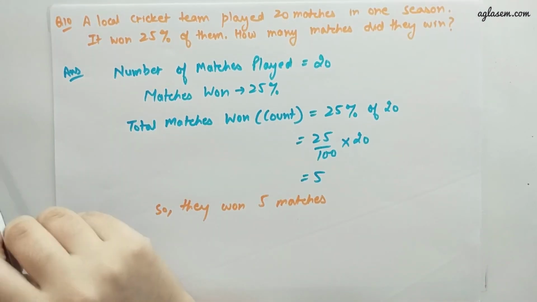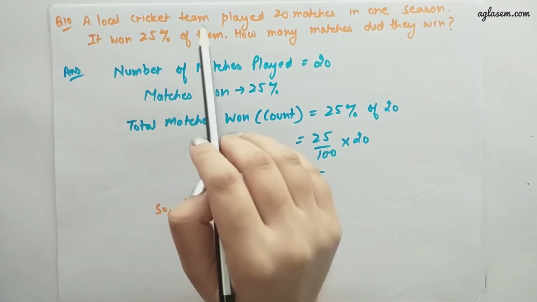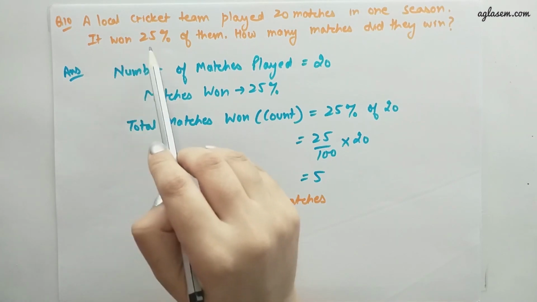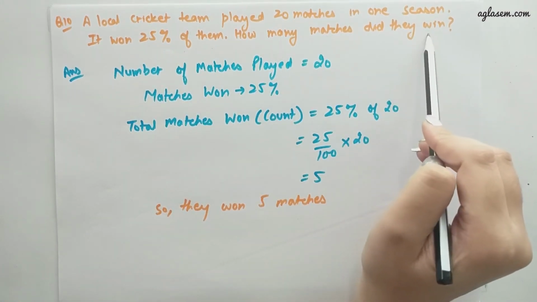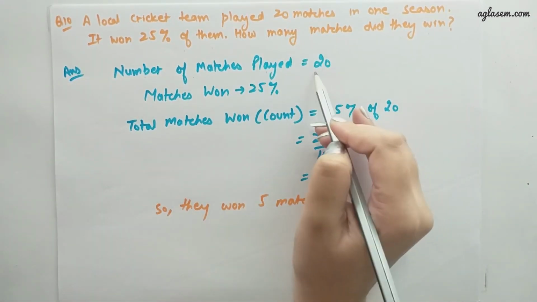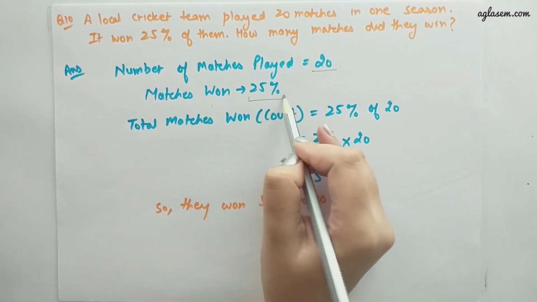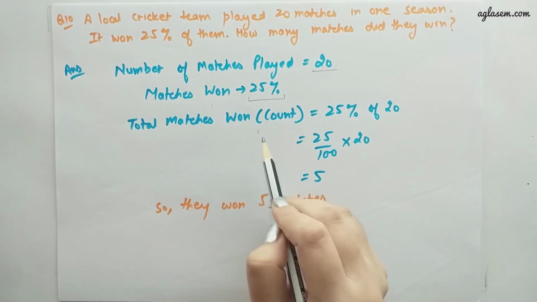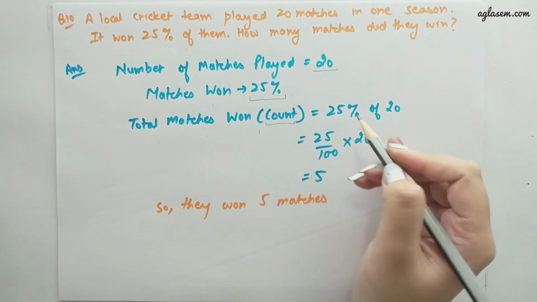Now here is the last question, question number 10. It says that a local cricket team played 20 matches in one season. It won 25% of them. How many matches did they win? So we are given the number of matches played, that is 20 matches. Matches won, that is 25%. Now we have to find out the total matches won. We have to find out the number, not the percentage.